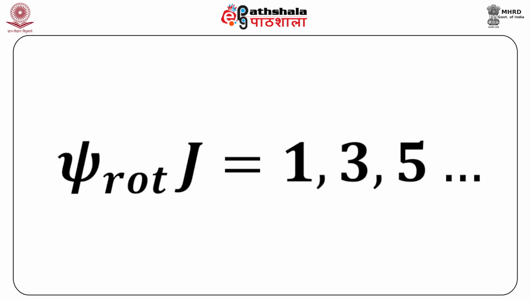And secondly, psi rotational with j odd has to be paired with even psi nuclear, only then it will become odd. So, now we also know that there are 3 times more even nuclear spin states. If you remember, there were symmetric spin states 3 in comparison to the antisymmetric state 1.